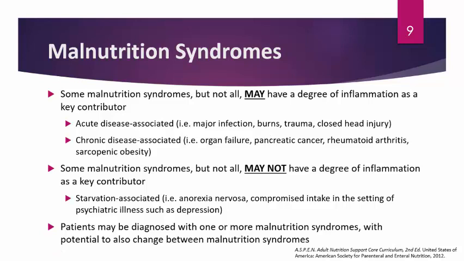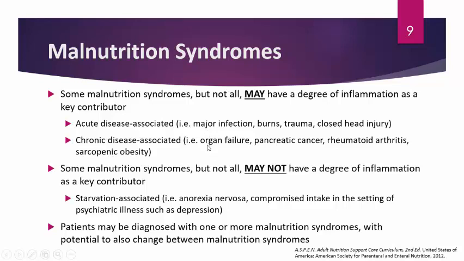Closed head injury is another acute disease associated type of malnutrition syndrome. In terms of patients who have chronic disease-associated malnutrition syndromes, they may present with chronic organ failure, and really organ failure can fall into acute or chronic.